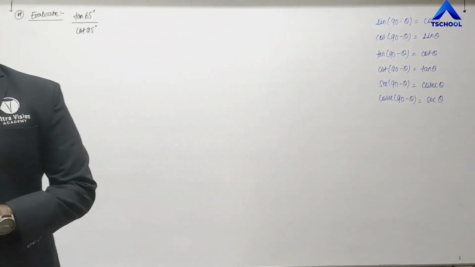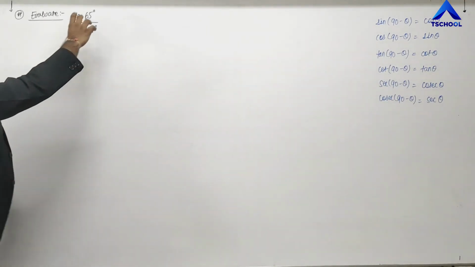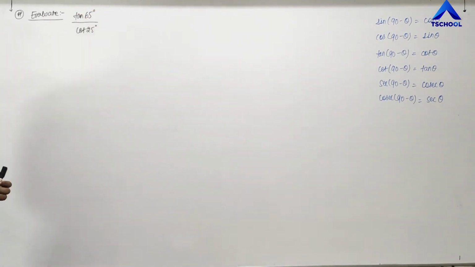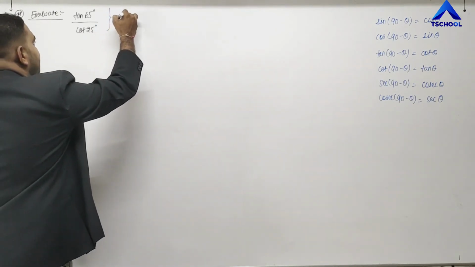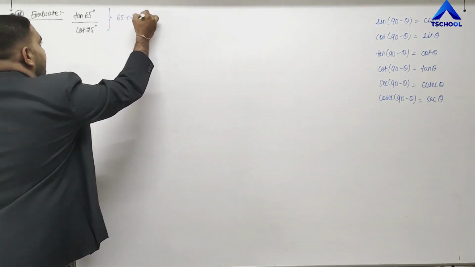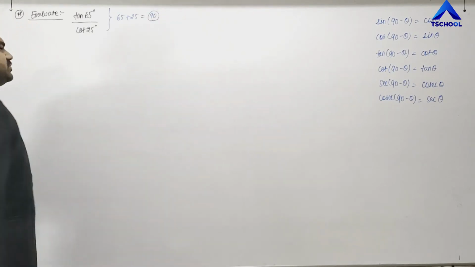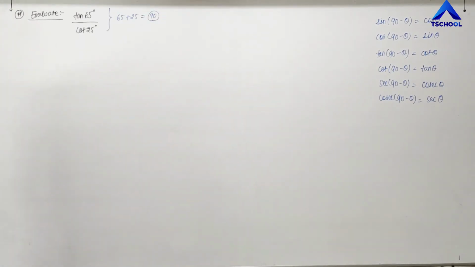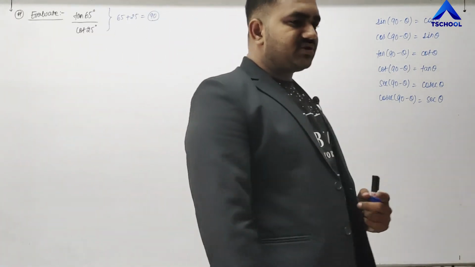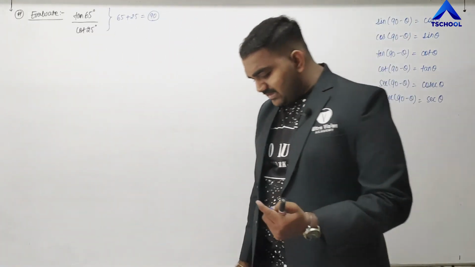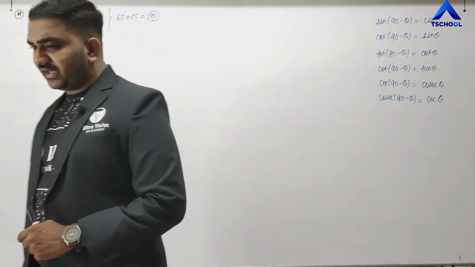But one thing is sure: if we add these two angles, that is 65 plus 25, that gives me 90. You can clearly see that, right? So friends, whenever you come across this type of question, first of all see whether the sum of the angles equals 90.